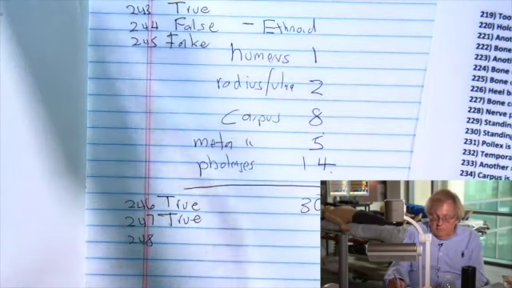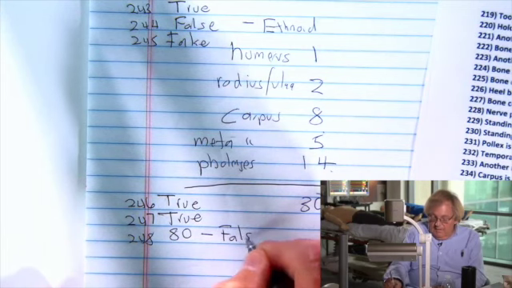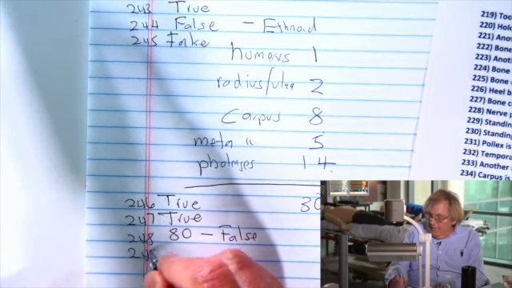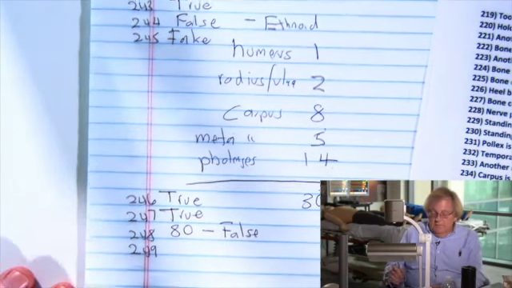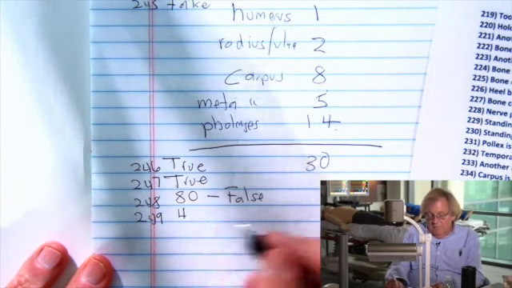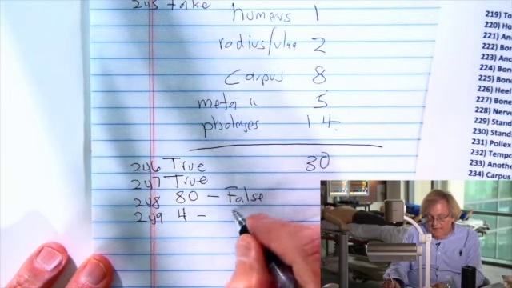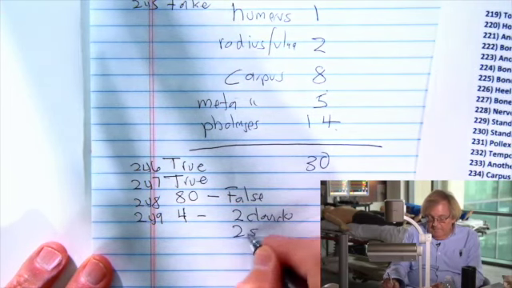No, we know there are only 80 axial bones, so that's false. 249, bones in the pectoral girdle. How many bones in the pectoral girdle? We've talked about this. We've got 4 bones making up the pectoral girdle: the 2 clavicles and the 2 scapulae.